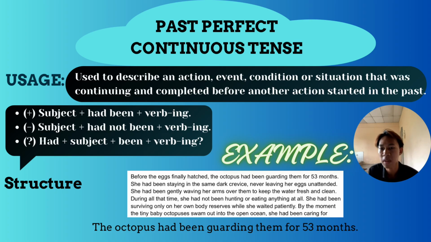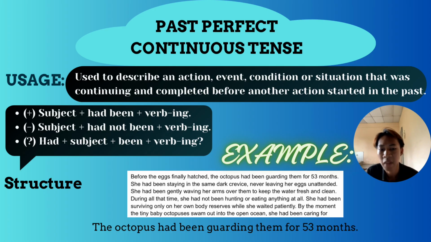And to describe it in a negative way, we use the same as the positive one, but we change the had been into had not been. And to question something, we start with had, then the subject plus been, followed by verb in ing form.